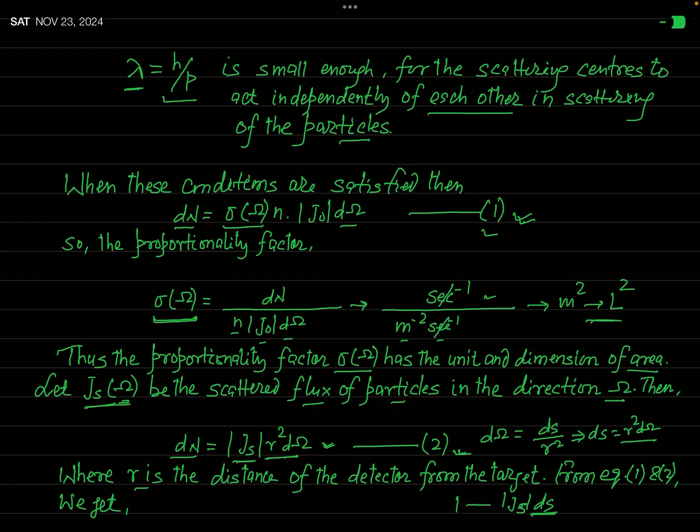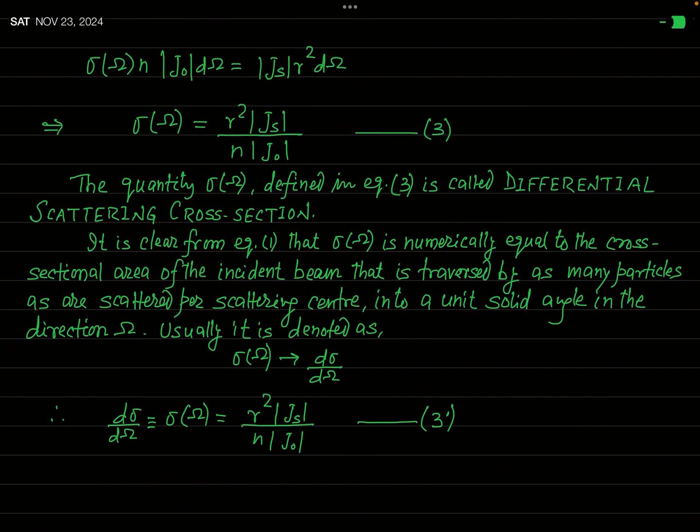So we can now easily equate these two values of dn. Let us see. We can write sigma of omega times n times mod of J naught times d omega is equal to mod of Js times r square d omega. Therefore, this sigma of omega will be equal to this much, because this d omega and this d omega will cancel out.